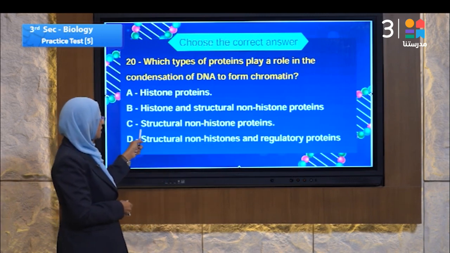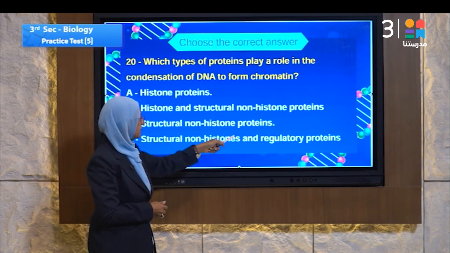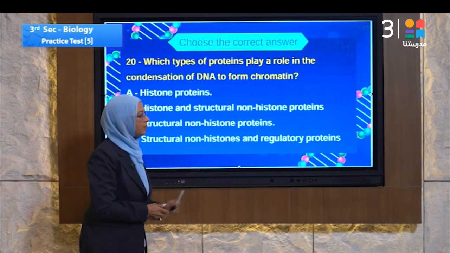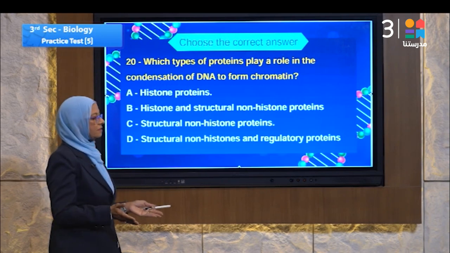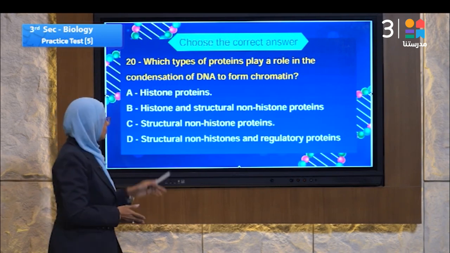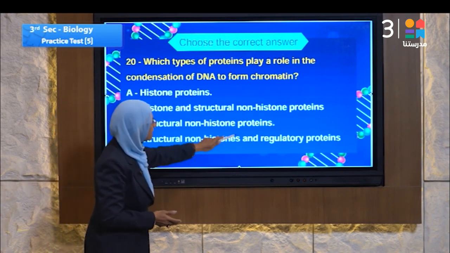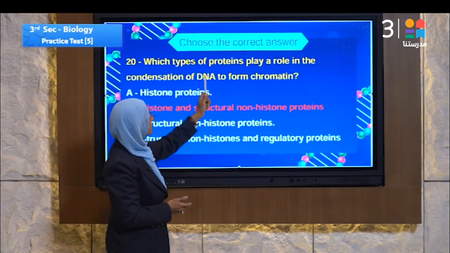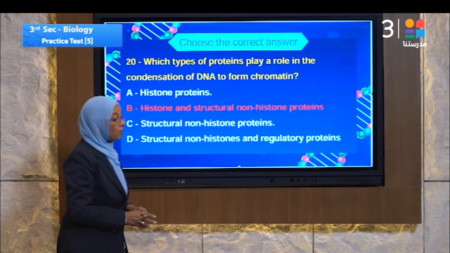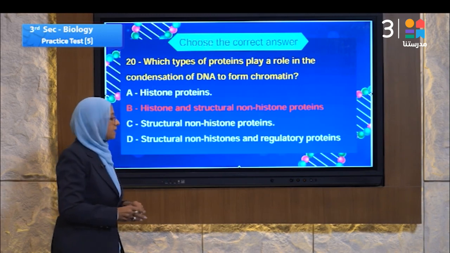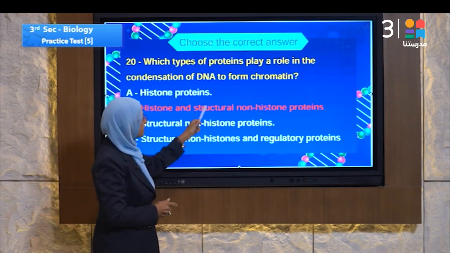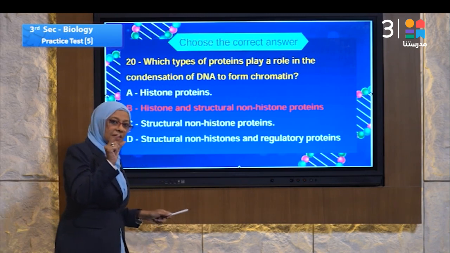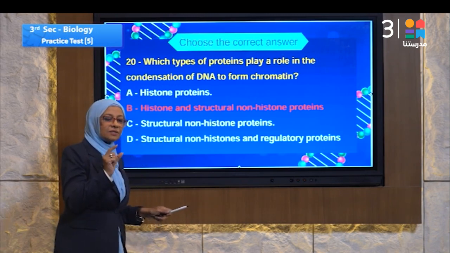C, structural non-histone protein and regulatory protein. I prefer number B because histone and non-histone proteins help in condensation of DNA to form chromatin. Yes, histone and structural non-histone protein condense and decrease the size of DNA.